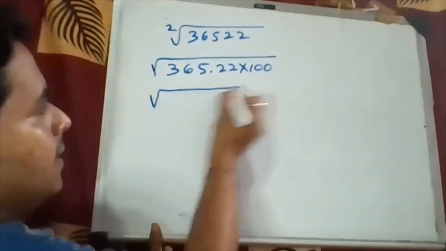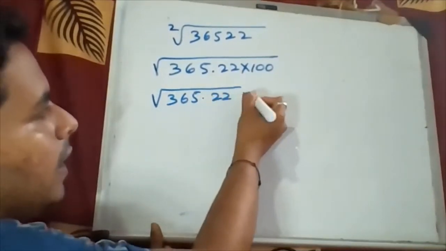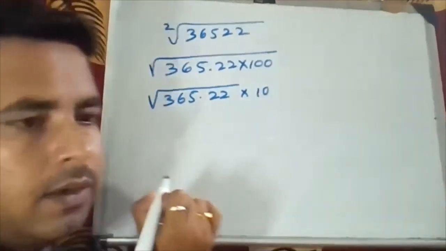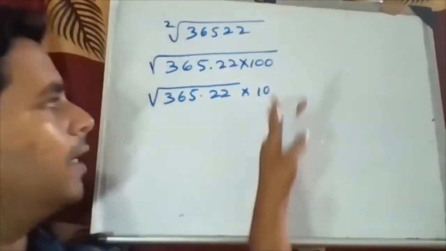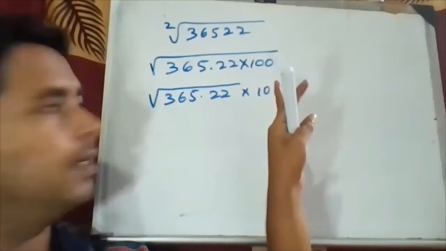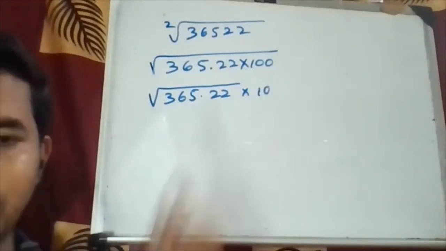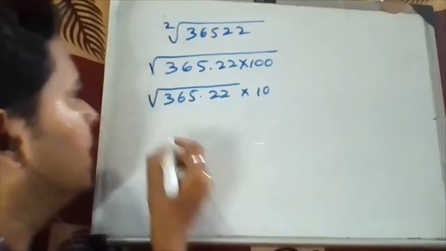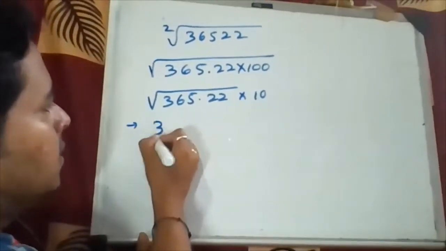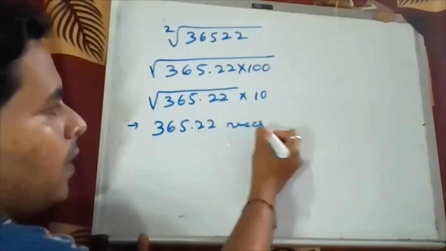So I'll write again: 365.22 into 10. Now just keep that 10 as it is. We'll take it at the end. Now do the simplification of this step: just find out 365 is near to what value.